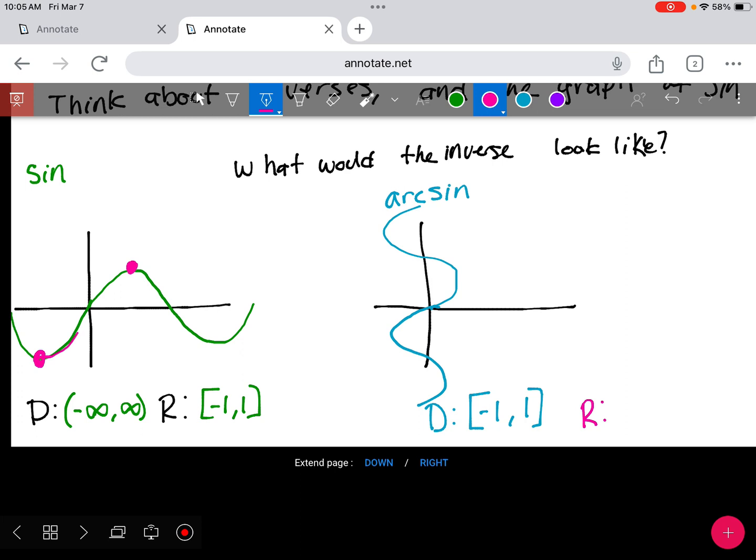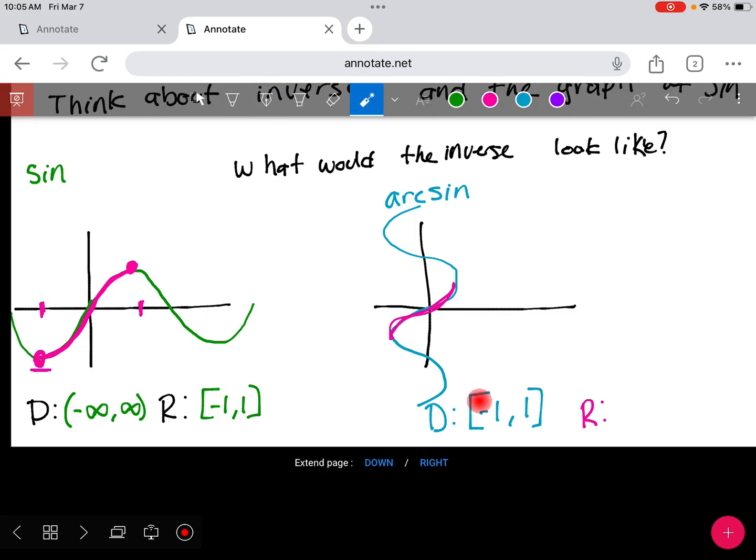So to make our inverse be a function, we're going to look at just this portion of sine, which means it's going to be just this portion of our inverse. So our range is looking at the angles that were here.